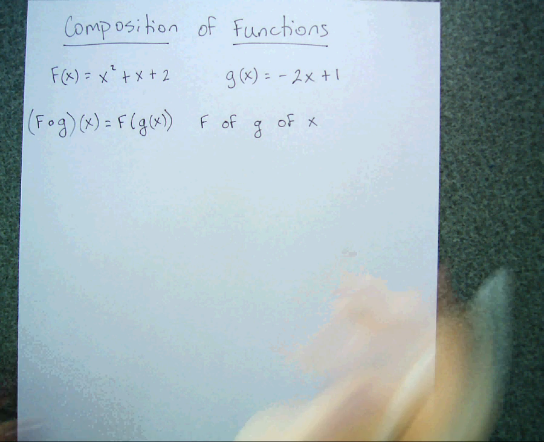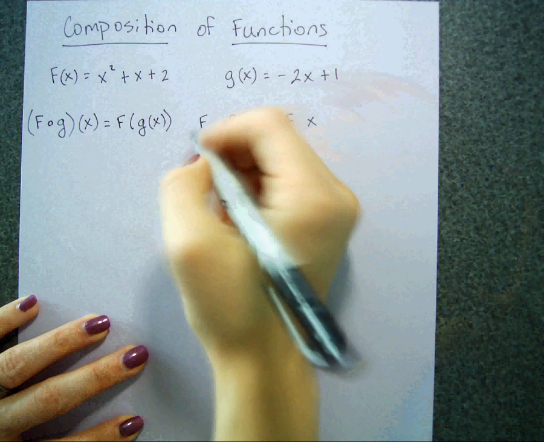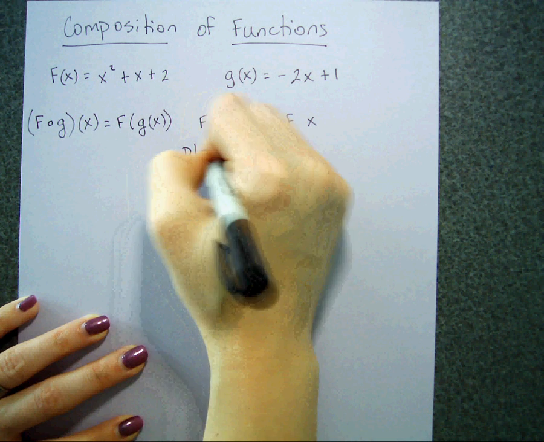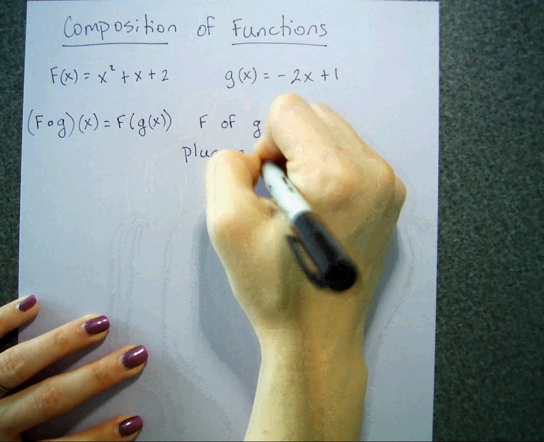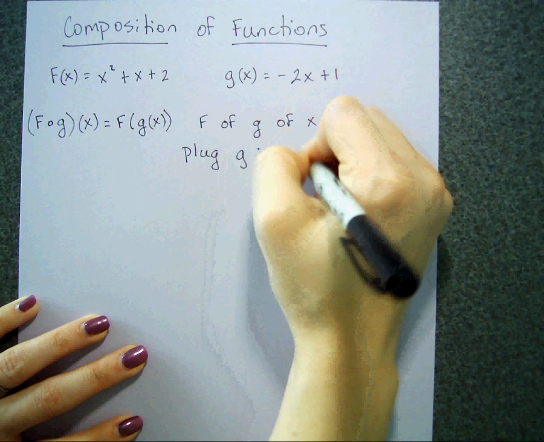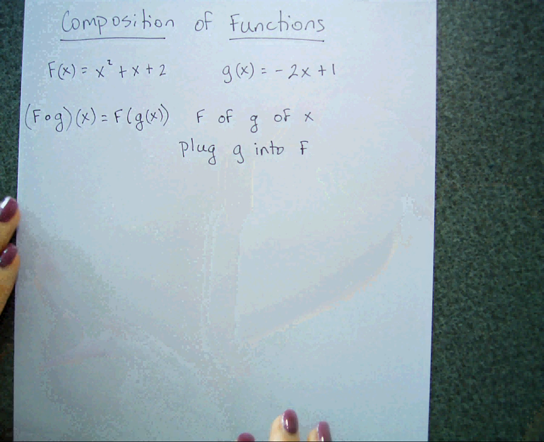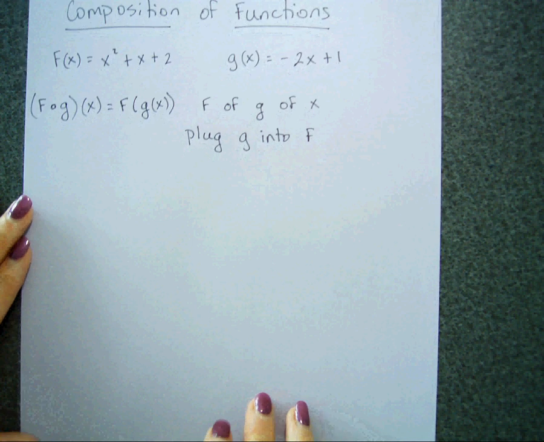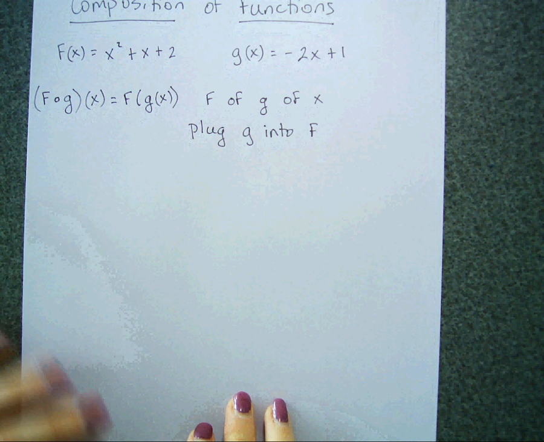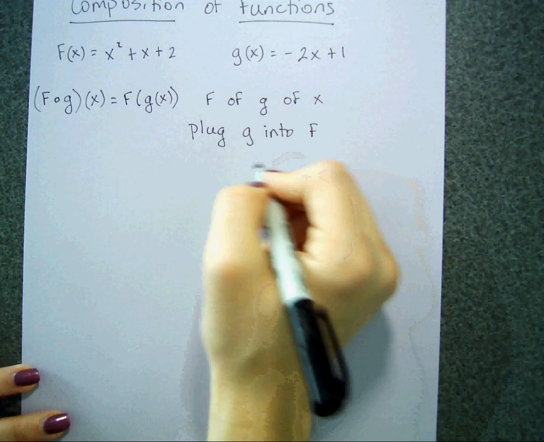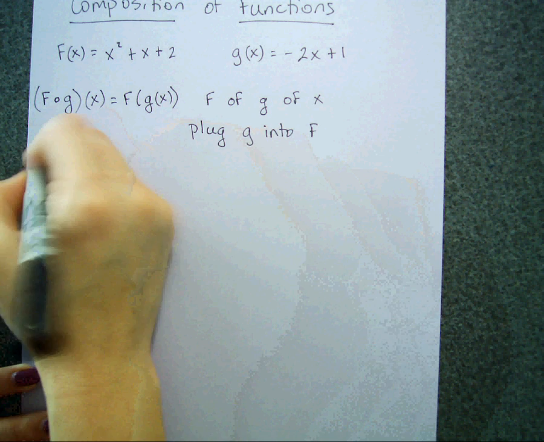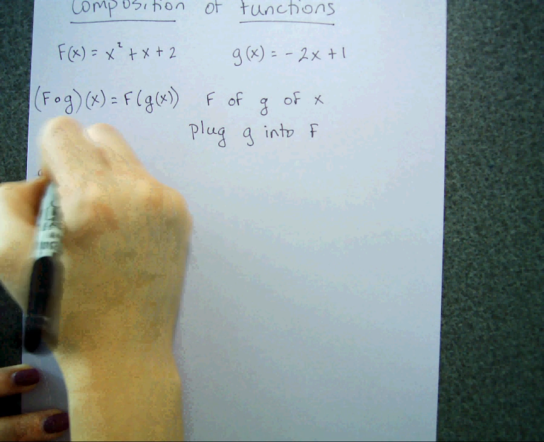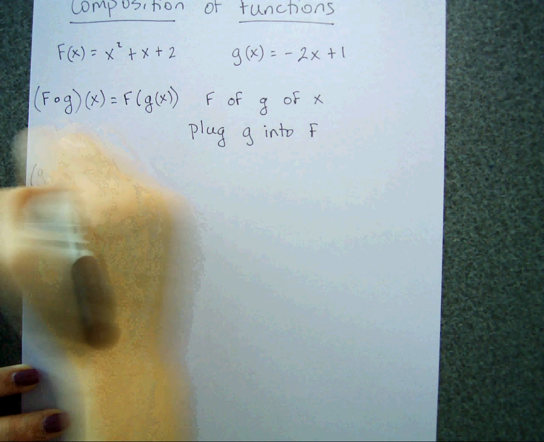So f of g of x, we are going to plug g into f. Plug g into f. And again, the order does matter, so I can do it the opposite direction. G of f of x.